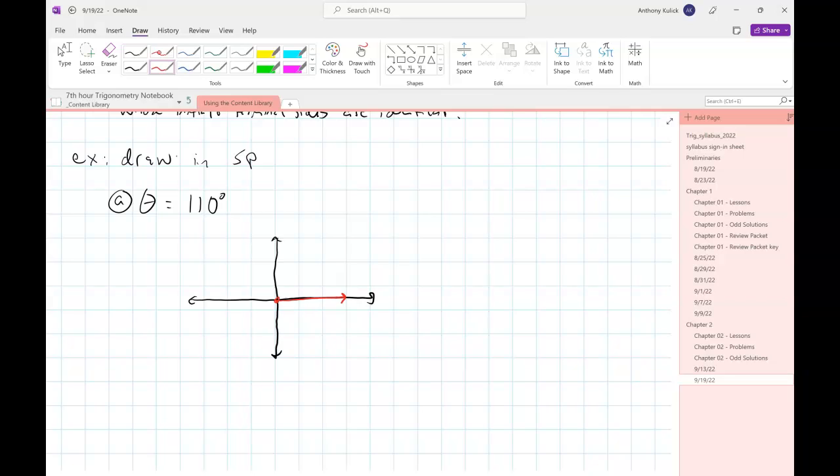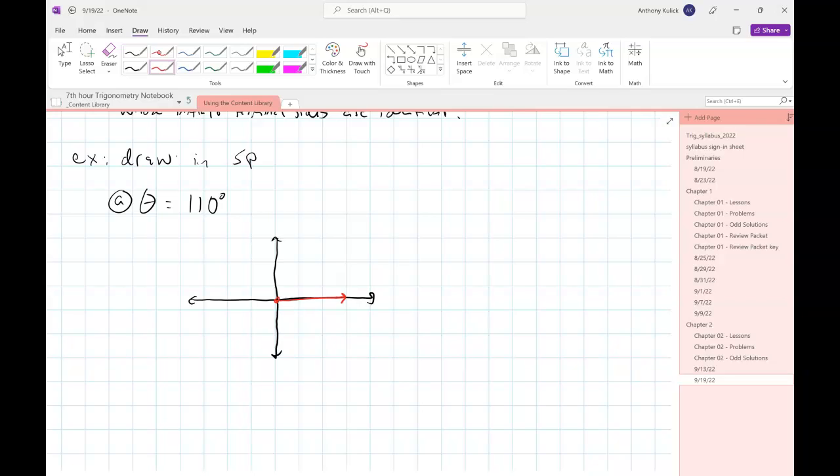Because this angle is positive, which way am I going to be rotating? Positive angles go counterclockwise, so to the left.